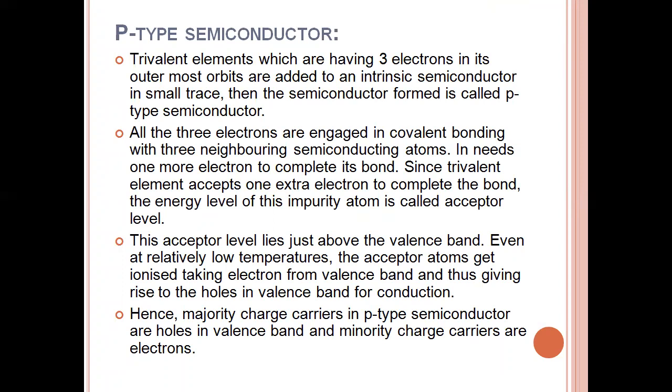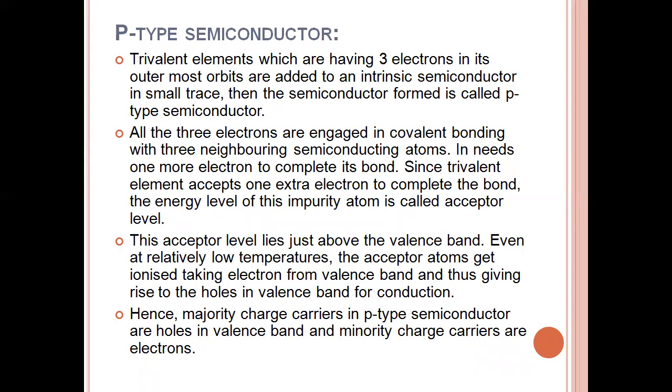See, a trivalent element which has 3 valence electrons in its outermost orbital is added in small traces to a pure intrinsic semiconductor. Then that semiconductor is known as a P-type extrinsic semiconductor. All 3 electrons are engaged in covalent bonding with 3 neighboring semiconductor atoms, and it needs 1 more electron to bond with the 4th semiconductor atom.